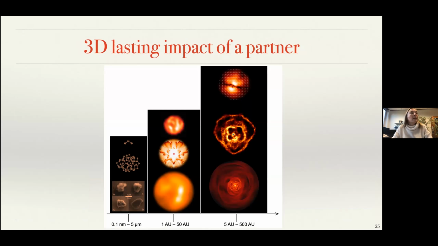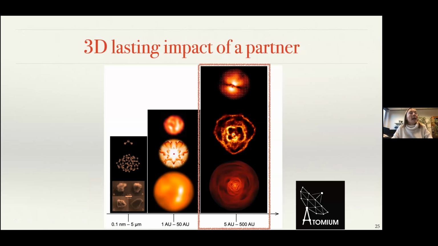So today, and now the second part of the talk, I will only now focus on one of these aspects. The other ones are equally important, but together with the people of the ATOMIUM consortium, we have been working on that latter aspect a lot, and it was a very nice consortium to work with.